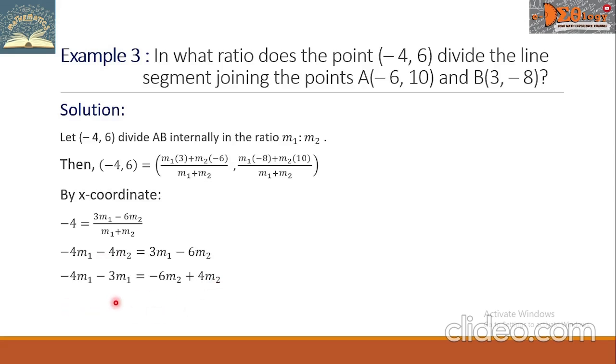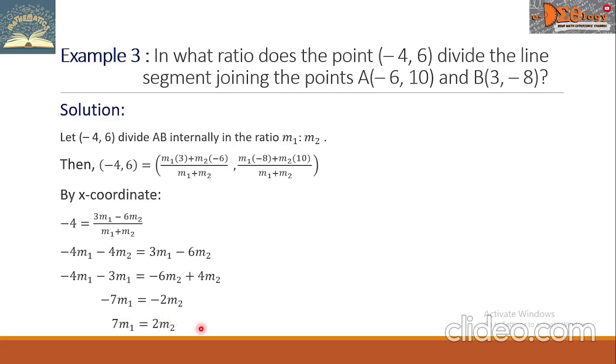When we simplify, the left side becomes negative 7 m sub 1 equals the right side negative 2 times m sub 2. Both sides are negative. We can multiply this by negative 1, so it becomes positive. So we have 7 m sub 1 equals 2 m sub 2.